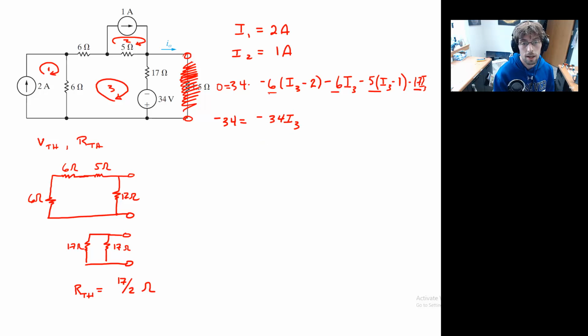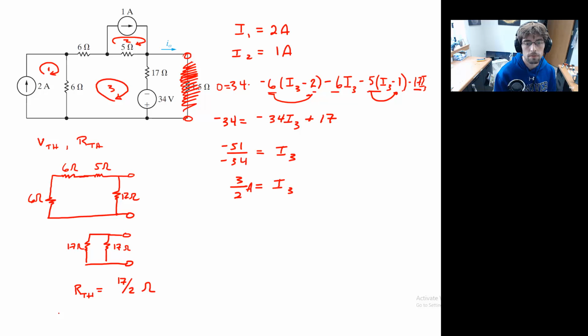And then in addition to that, I've got a positive 12 plus 5. So I have a plus 17 there, right? The 6 times 2, the 5 times negative 1. Well, okay. So we can see that we have something like negative 51 over negative 34. So I3 must be 3 halves. Cool.